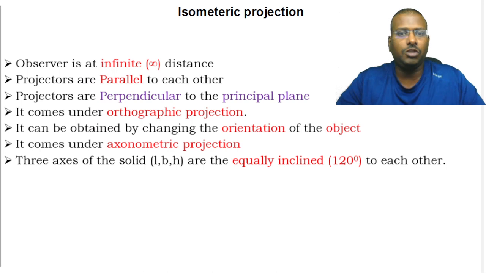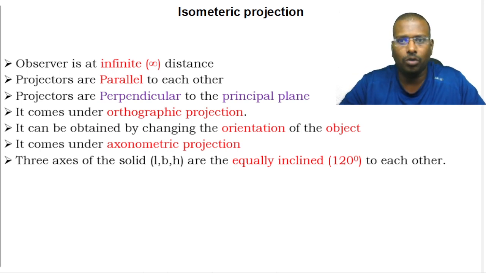If you observe the characteristics of isometric projection, the observer is at infinite distance, and projectors are parallel to each other, and these projectors are perpendicular to the principal plane. Once the projectors are perpendicular to the principal plane, definitely it comes under orthographic projection. That's why I mentioned the statement as it comes under orthographic projection.